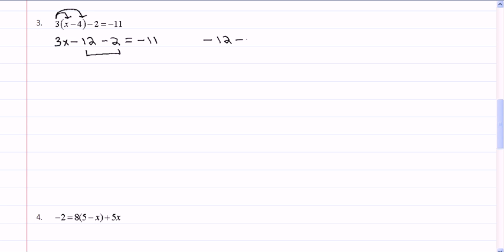-12 minus 2. Since we're subtracting signed numbers, we want to follow keep, change, change.